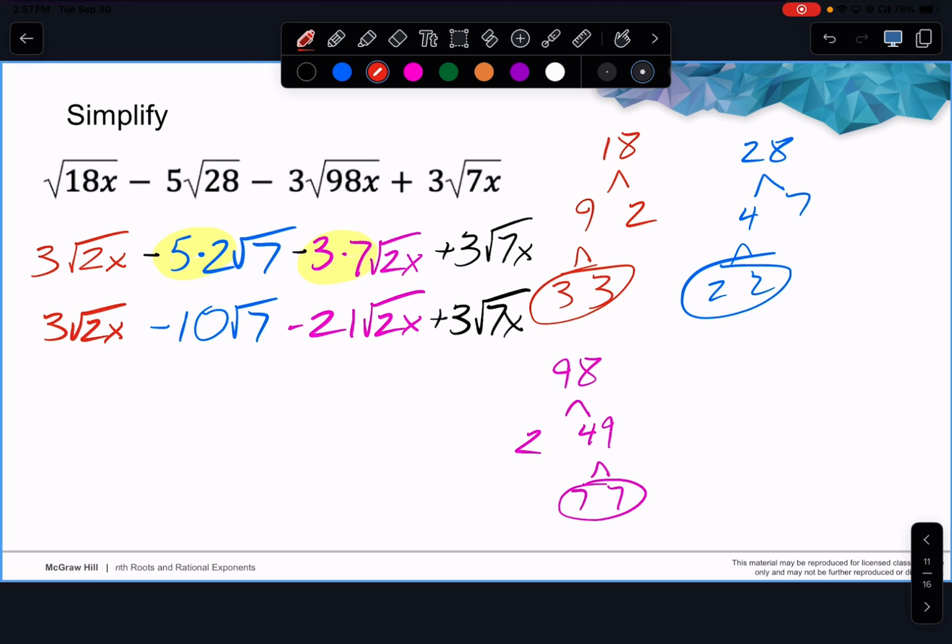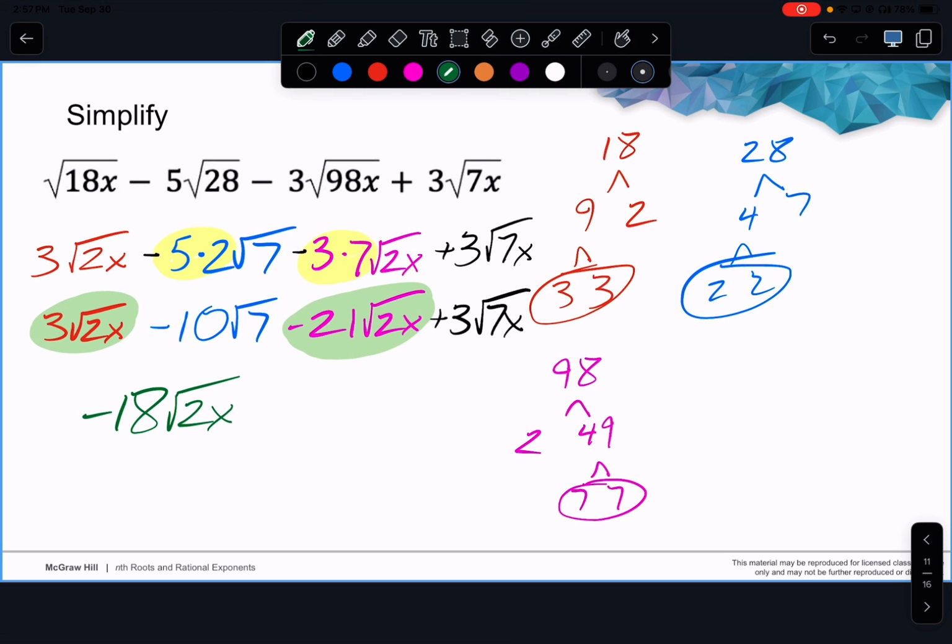Now we look for a like term. What is something we can combine here? Yeah, I've got this right here. I've got this portion because it has the 2x, and this one. So let's do those first. It's positive 3 and negative 21. So that's going to give me negative 18 times the square root of 2x.